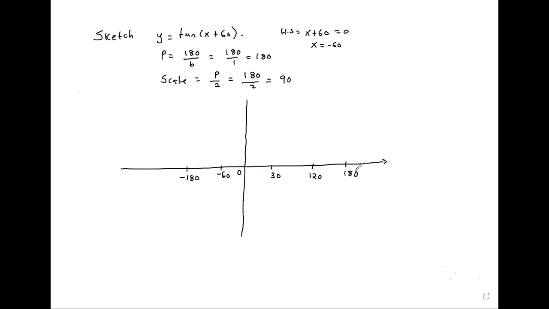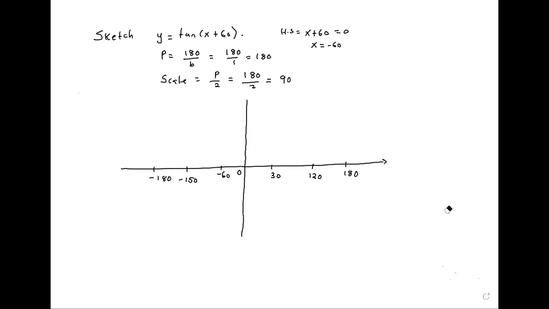Then negative 60 minus 90 will give us negative 150. Then negative 150 minus 90 will go beyond negative 180, so we just end at negative 180.